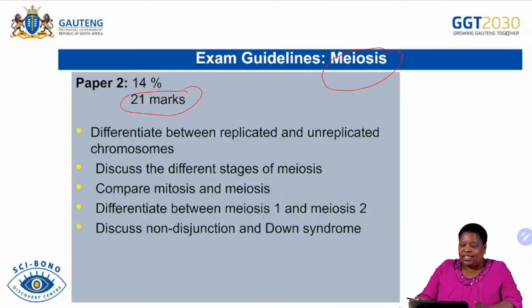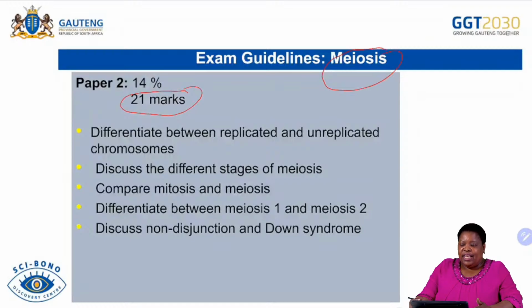Now, with life sciences, this is a strategy: with all our structures, you need to know the structures and the functions of the structures. Same with meiosis 1 and meiosis 2, you need to know the events that are happening in each stage. For example, you need to know what is happening in anaphase 1, anaphase 2, metaphase 1, metaphase 2, telophase 1, telophase 2. So all those phases are important, learners.